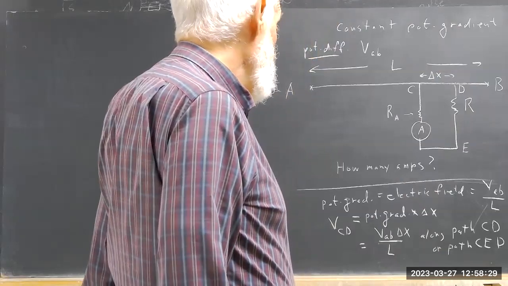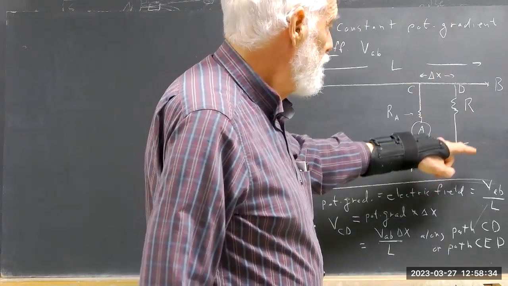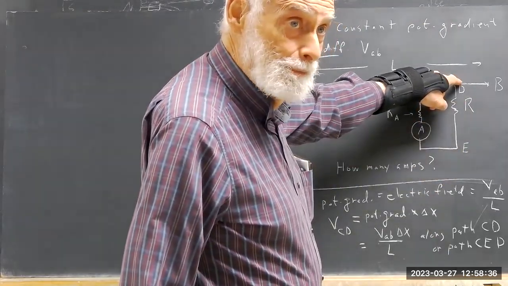And it's also handy because now we're talking about potential drop from C to E and a potential drop from E to D.